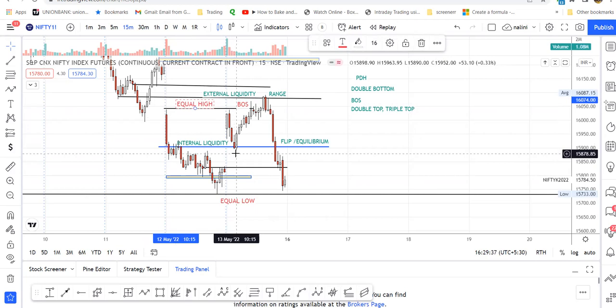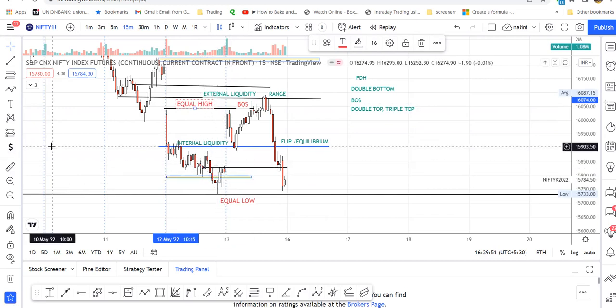The logic behind it is the gap up breaking all this structure. These are all stop loss hunting, because they have introduced liquidity into the market.